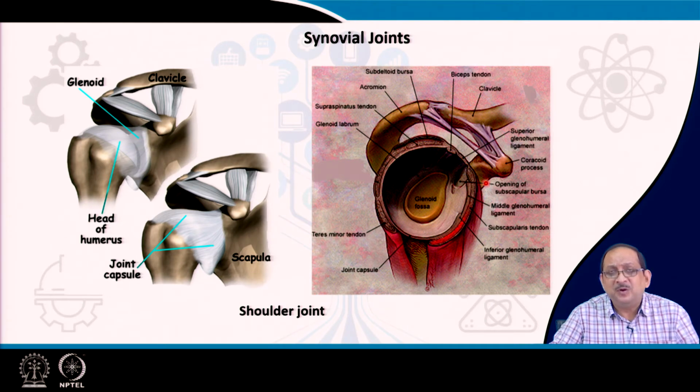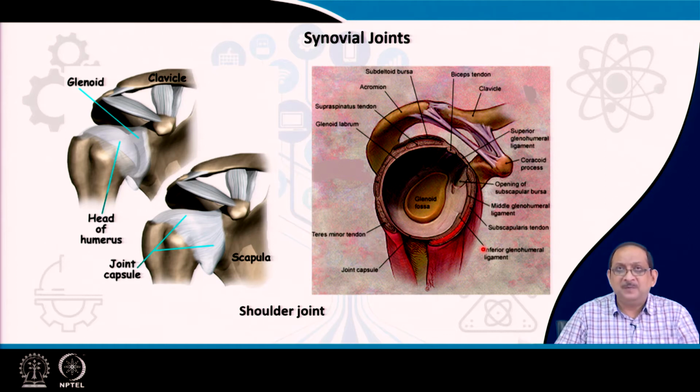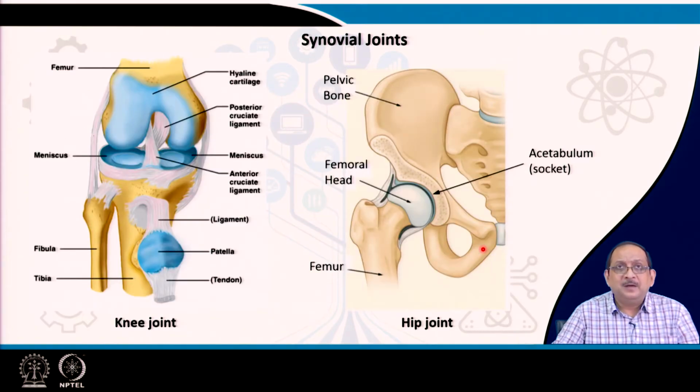A lateral view of the glenoid is shown here. Other examples of synovial joints are the knee joint, clearly shown here, formed between the distal part of the femur and the proximal part of the tibia.